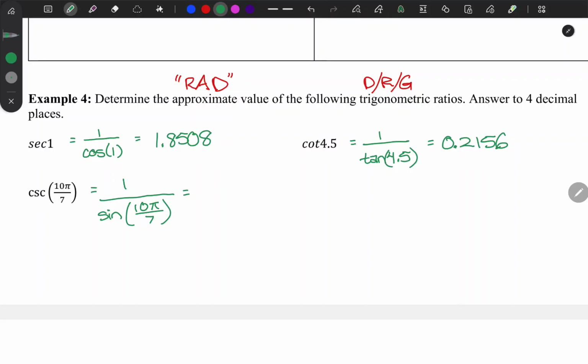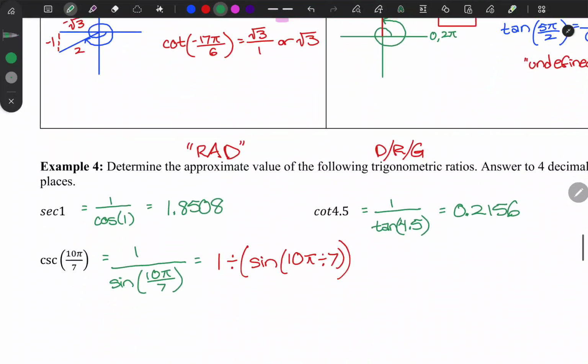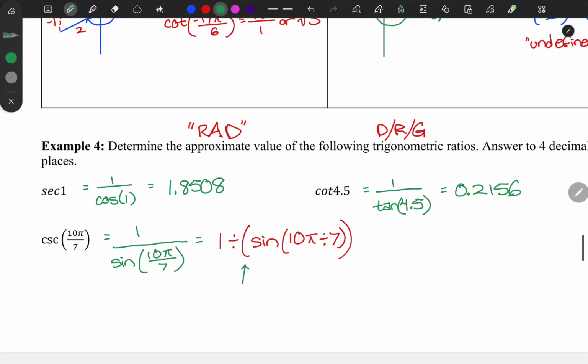And this is where in a calculator, if you wanted the steps for entering it, I would do 1 divided by bracket, sine, bracket, 10 pi divided by 7, close your bracket, close your bracket. Depending on your calculator, this bracket may not be necessary, but there is the occasional calculator where you have to do this part of the division first and then press the sine button, and you will really need the second set of brackets there.